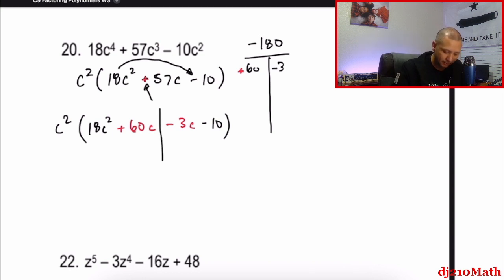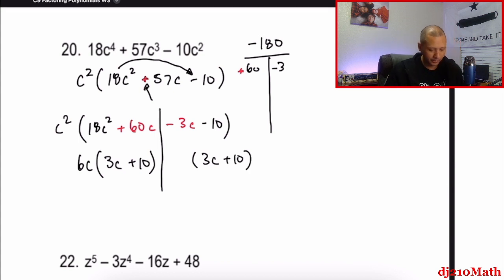Okay, speaking of splitting things up, let's split it down the middle. So this is going to be left-hand side. 6c is what I want to take out. Right, if I take out a 6 and a c, we're left with 3c plus 10. Right-hand side, I know I want 3c plus 10. All right, we look and see if we can make it happen.